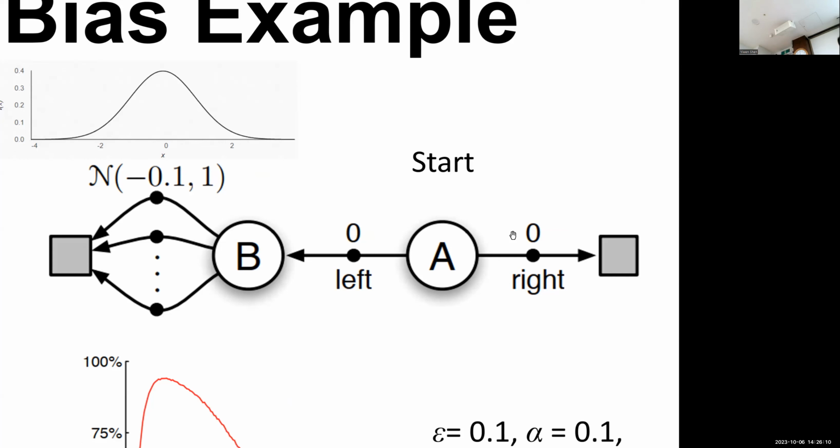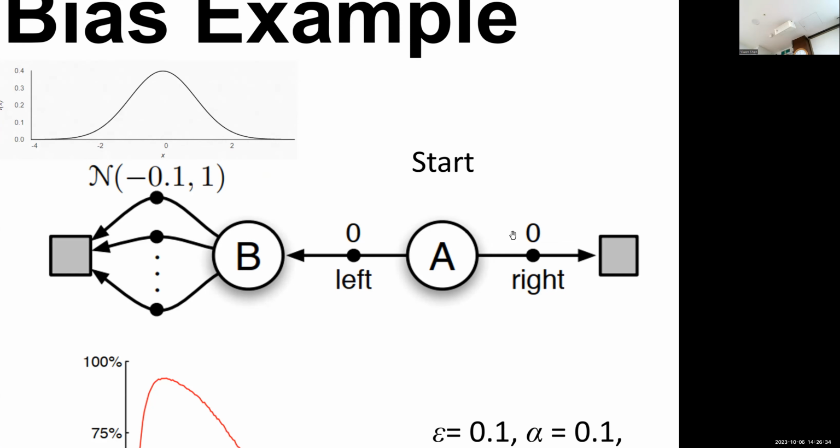There are many paths with the reward following a normal distribution with mean minus 0.1 and standard deviation 1. If you look at the shape of the probability distribution of this reward, the mean is minus 0.1, which is located here.